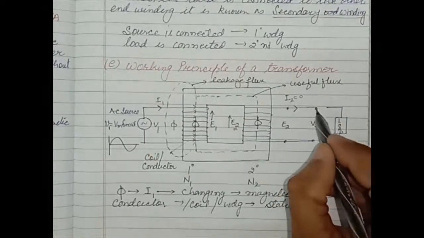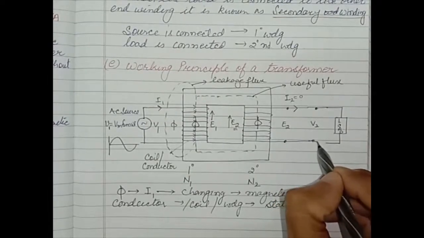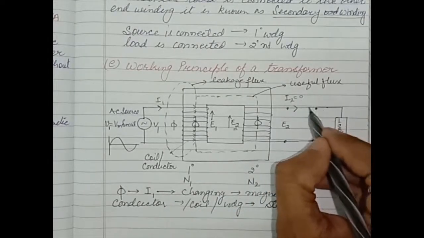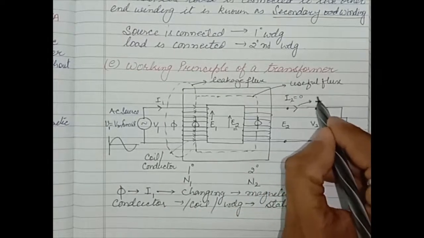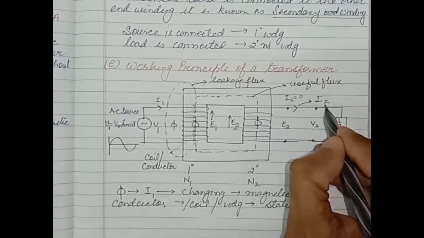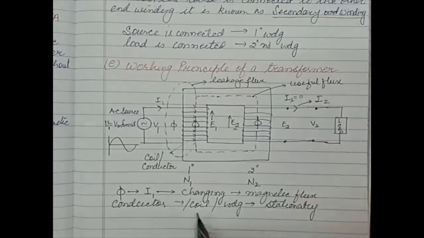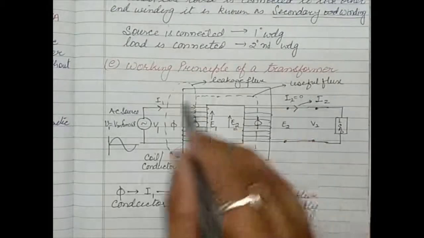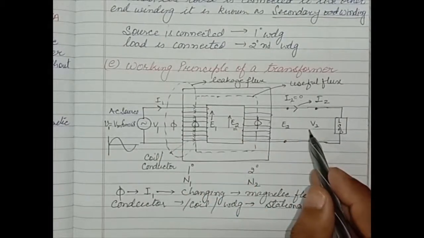Now when a load is connected at the secondary terminal, there is a setup of current known as I2, the secondary current. Clear? This is basically the working principle of a transformer.